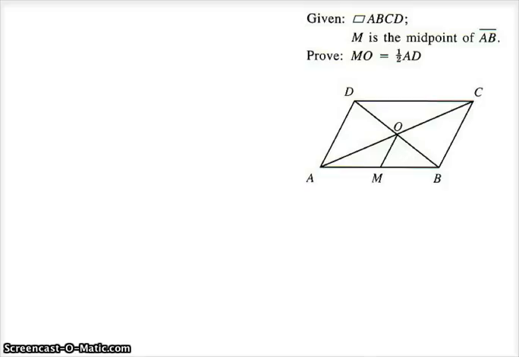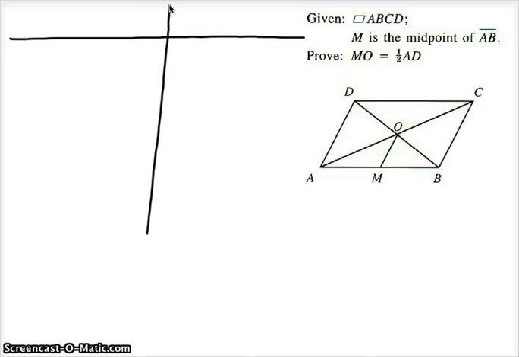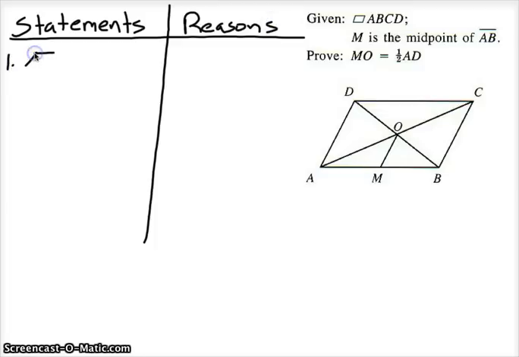Okay, a proof. Let's start by filling in. We know that we're going to have our statements and reasons columns. We know that our first statement is just going to be copying the given information. So we have parallelogram ABCD, and we have a lot of information.